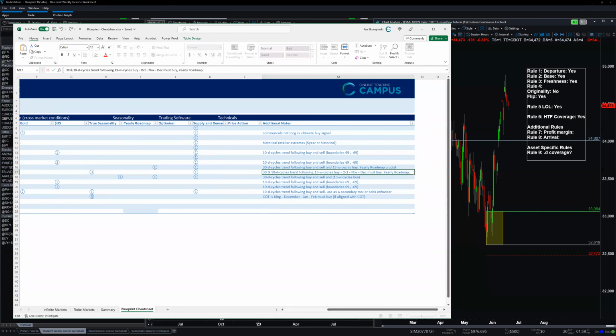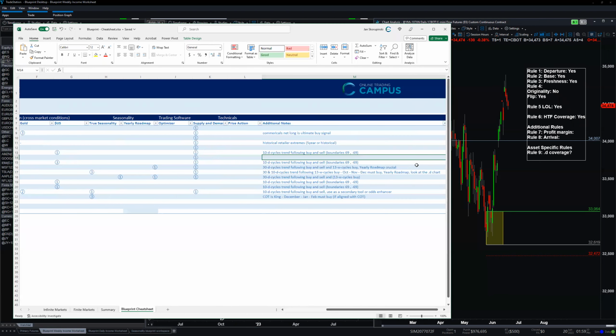I need to look at the chart, right? So for example, I'm going to spend less time here because it would just mean I'm going to duplicate work in terms of whatever I write down here, write it down again within that cheat sheet.